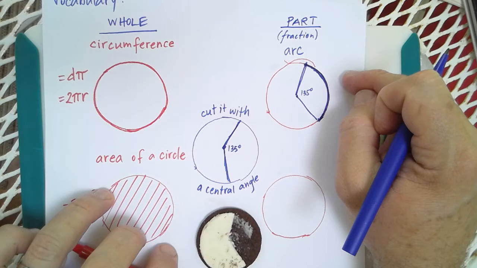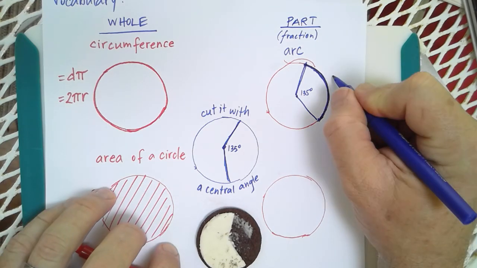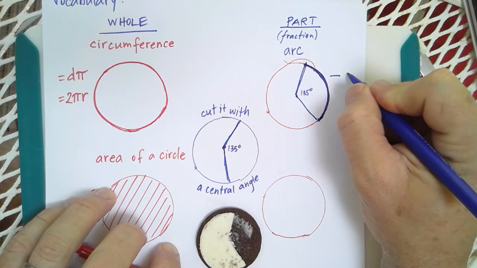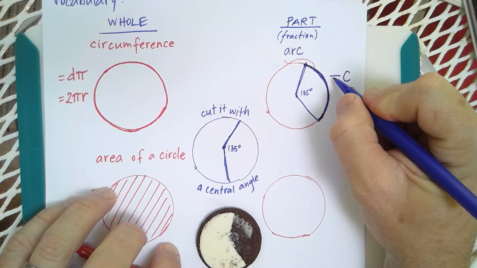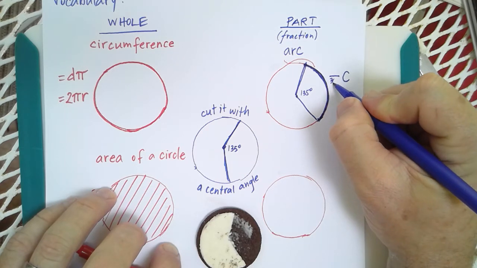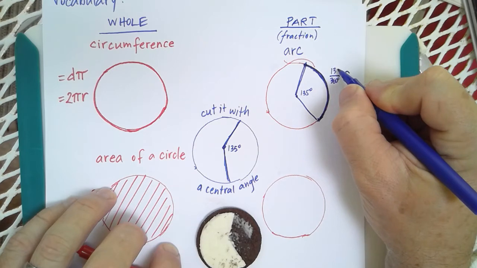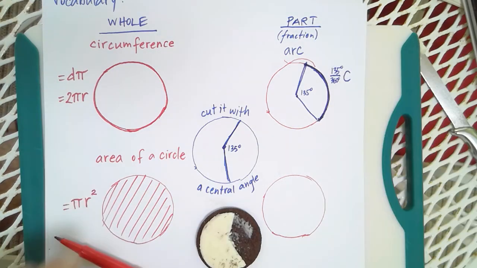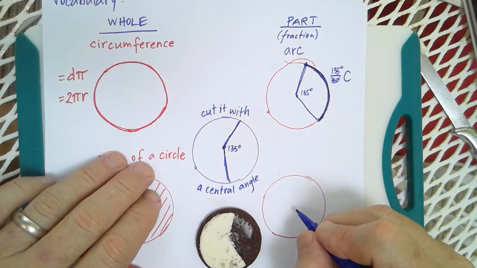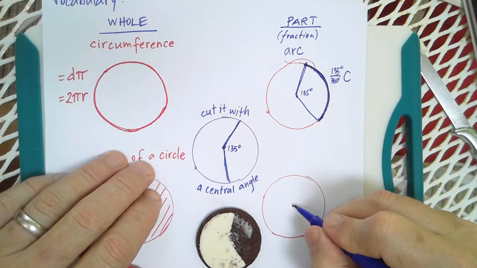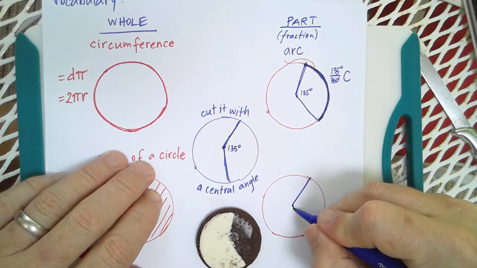So this is going to be a fraction of the circumference. And what fraction? Well, what is a whole circle? 360 degrees. And then 135 degrees of it. And now what about over here? We're going to put in the same cutter, same central angle, 135 degrees.